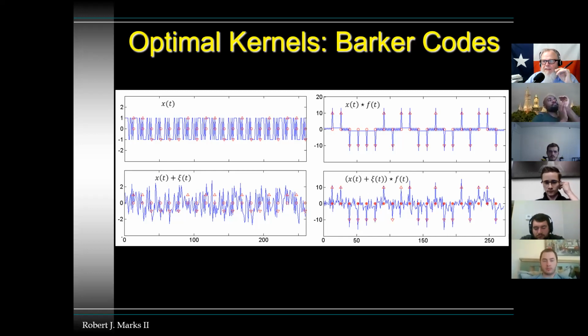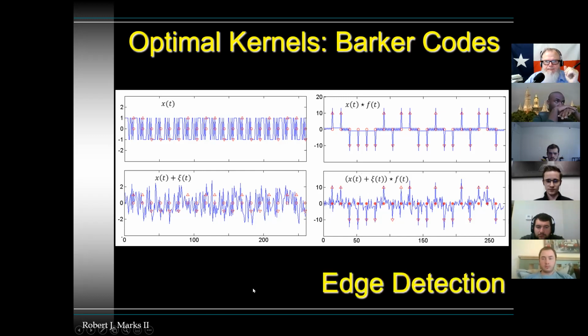You send out a ping and it comes back and you have to do a correlation of what you sent with what you get in order to figure out where there's a big peak. There's going to be a delay of what you sent coming back. So the occurrence of the return signal is going to dictate how far away your target was. And that is done using a matched filtering or correlation sort of thing.